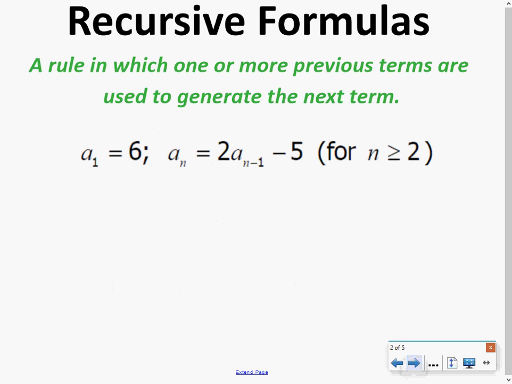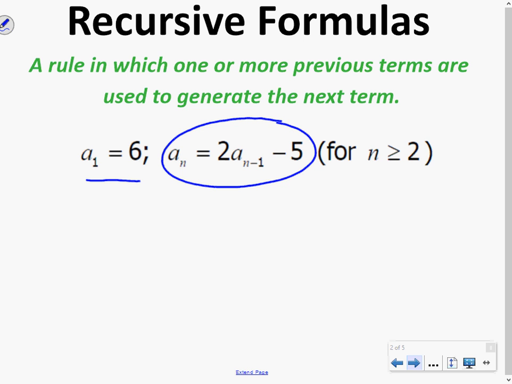Now, we're going to see two different types of formulas for sequences. We're going to see recursive formulas, where the formula that we're using to generate the sequence is really dependent on knowing what the previous term or maybe multiple terms are. Okay, so if you look at the example I have below here, we know what the first term in the sequence is. We know it starts with 6. Okay, but to get all of my other terms, I'm going to have to use this formula.